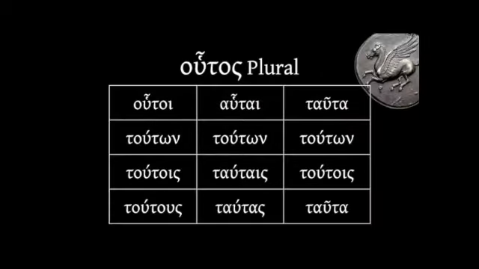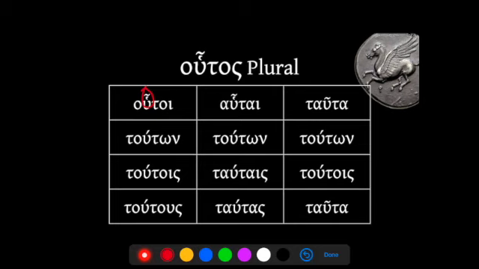The plural, same thing. We're either going to get that rough breathing mark. So here we have the rough breathing mark in the nominative plural, masculine and feminine, or the tau, and we have the tau in every other form. And this is where our second rule, the tail wags the dog, gets a little interesting. So in the masculine, we have an O vowel in all the endings. So we have the corresponding omicron, upsilon.